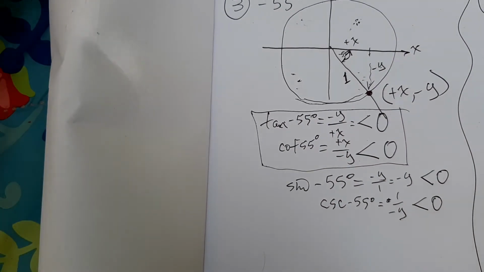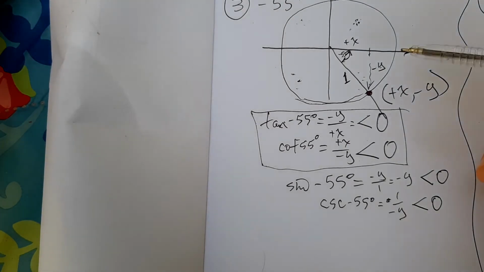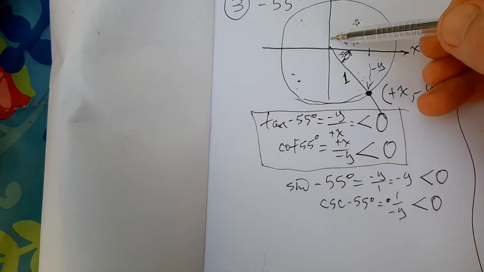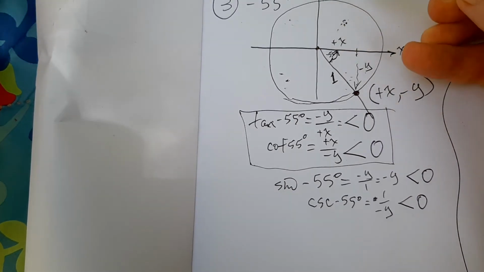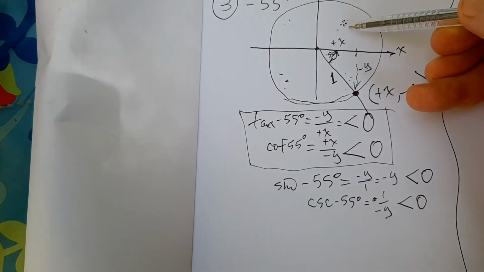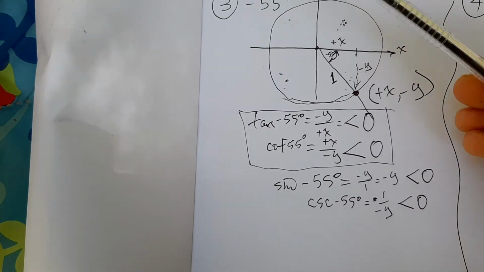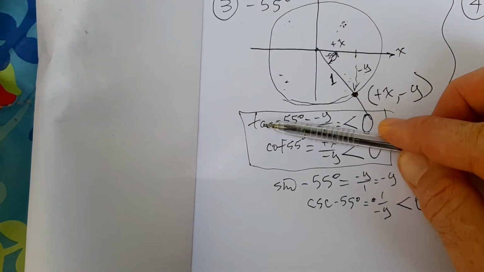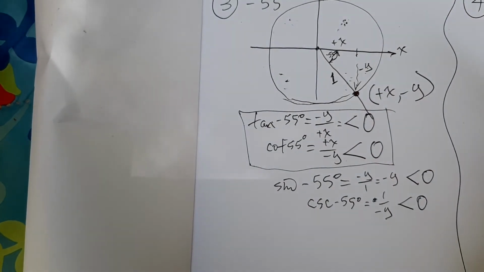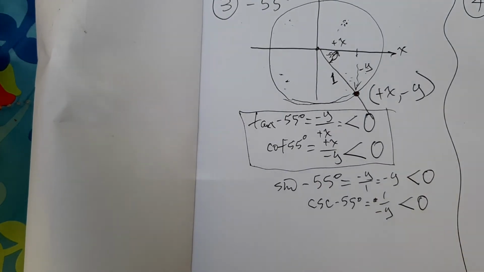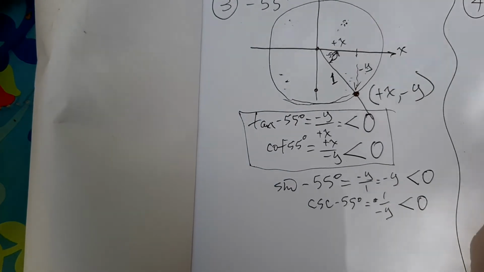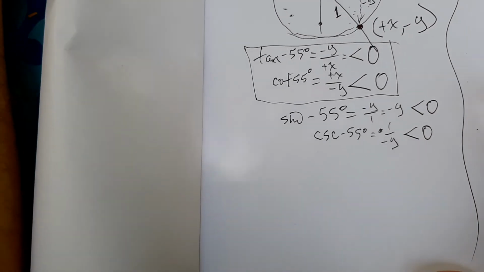I'm not sure if that made sense, but if I'm down here, my y is negative. If I'm above the x-axis, then my y value will be positive, so sine and cosecant will be positive. So below the x-axis, y is negative, and sine and cosecant will be negative. Except for the special case of being right on that axis.